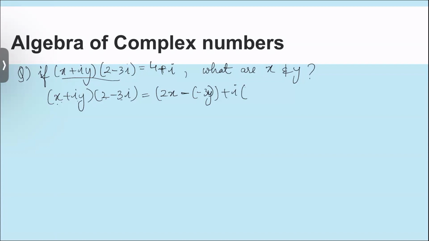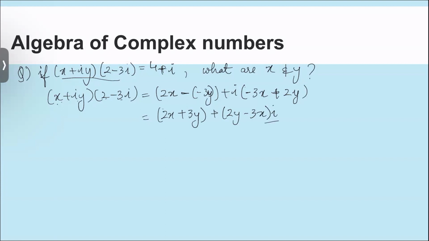You have AD, so that is minus 3x, and plus BC, so that is 2y. So you can write this. We try to get the real parts, and then 2x plus 3y in simplified form, plus you have 2y minus 3x i.